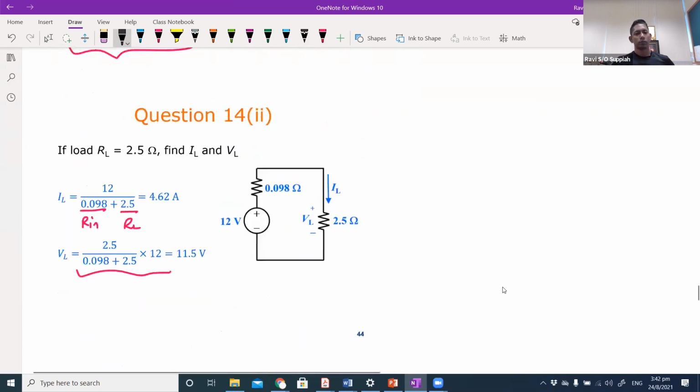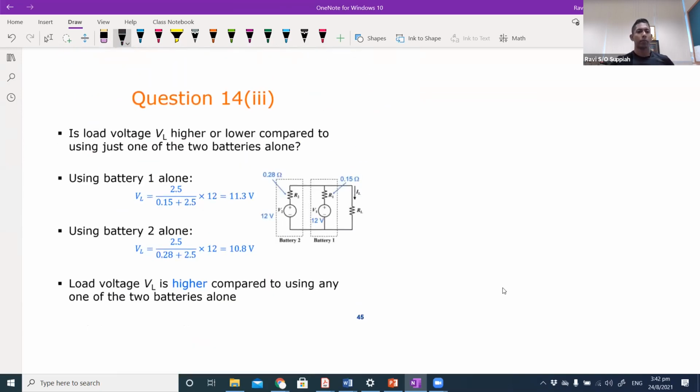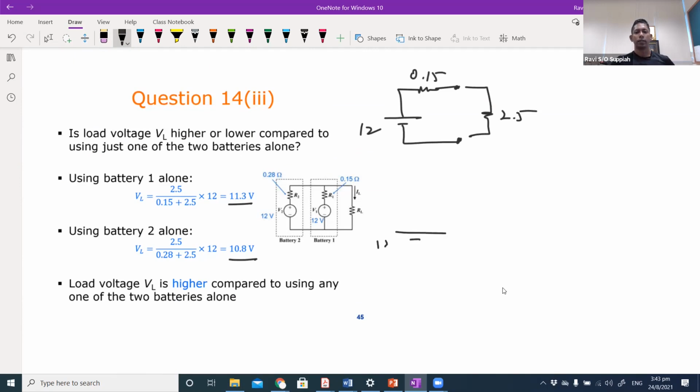In this case it's just 12 volt with your 0.15 and then the load 2.5, and in the other case it is again 12 volt but with 0.28 and my load.